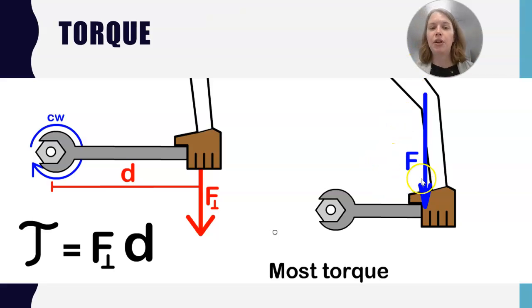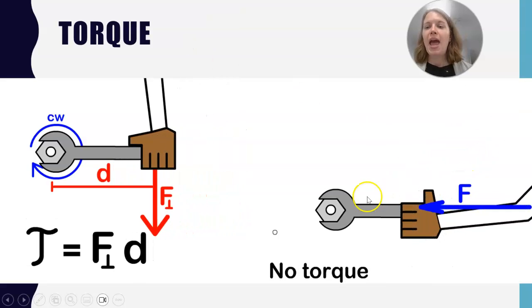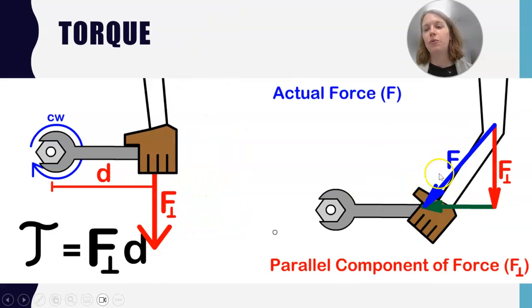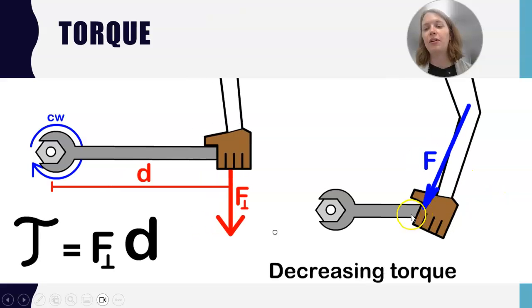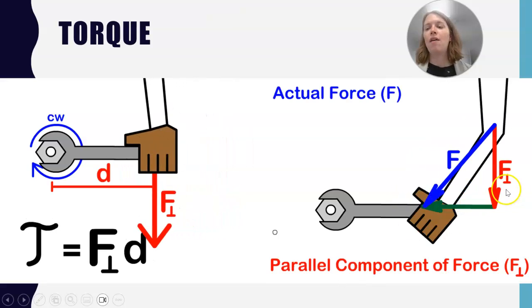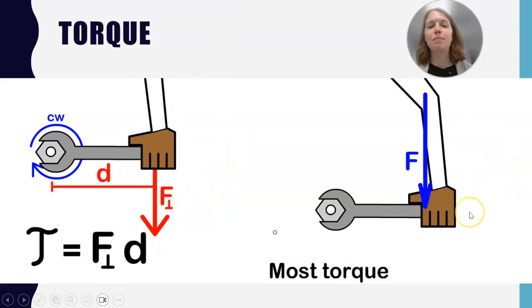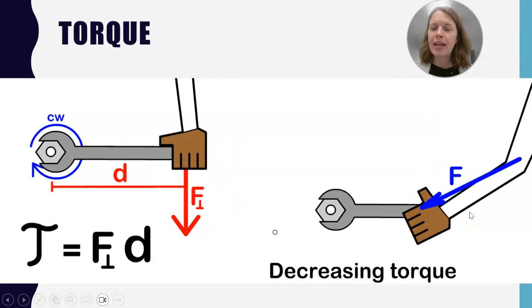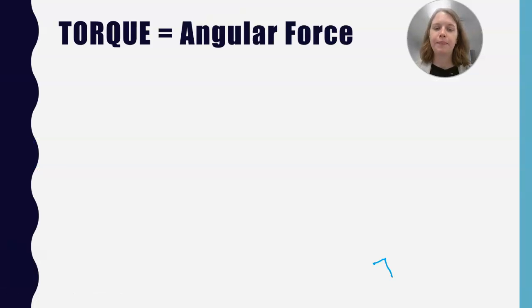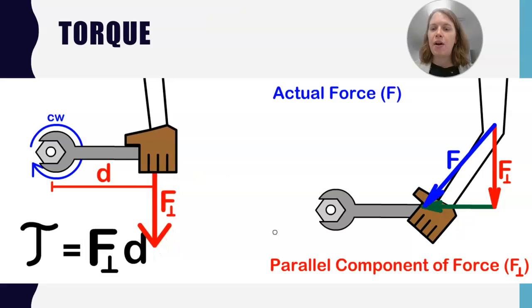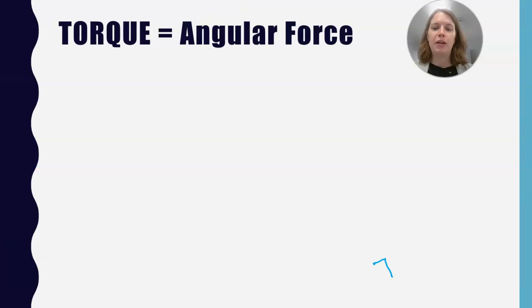We should exert the force perpendicular to the radial line. So as the force goes from perpendicular to parallel to the radial line, the part of the force that acts perpendicular gets smaller and smaller, and that would cause less and less torque. So the angle of the force is important.